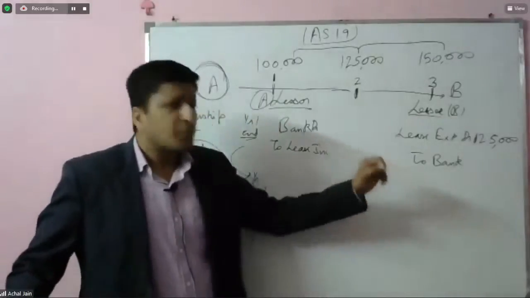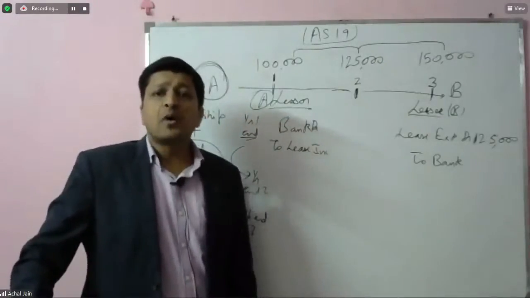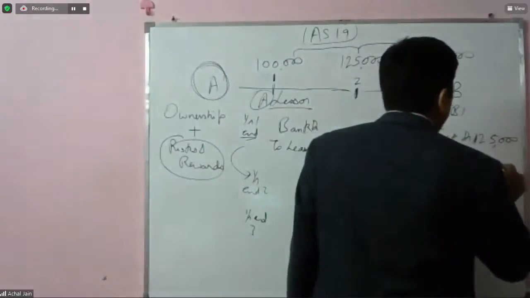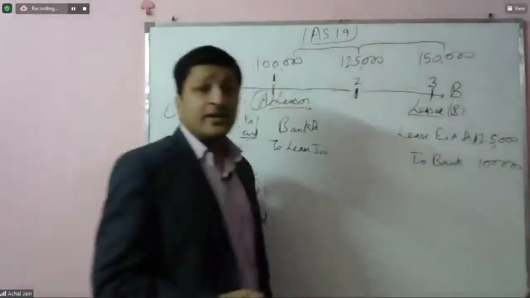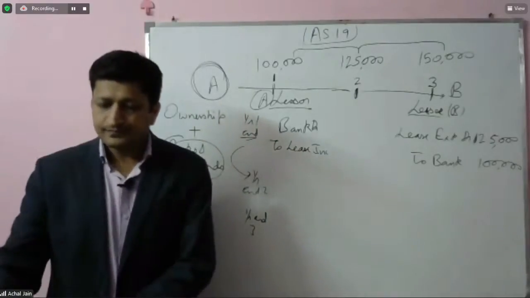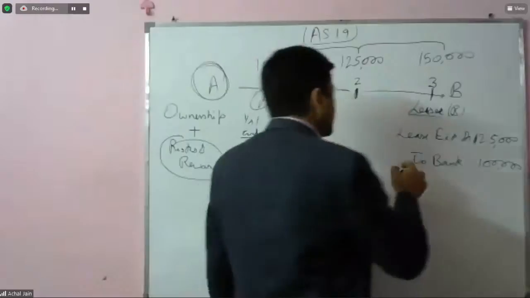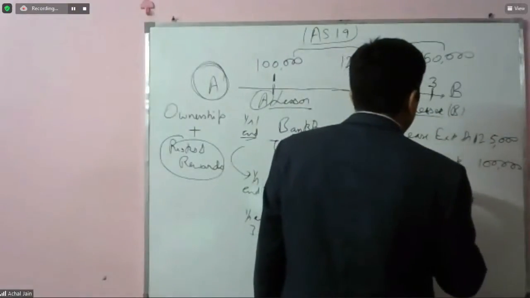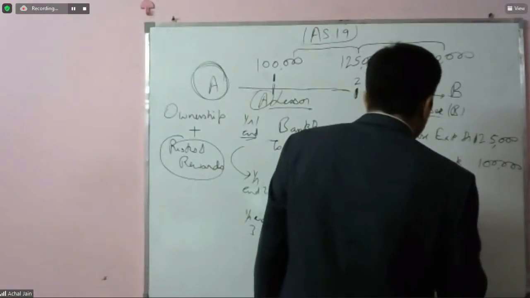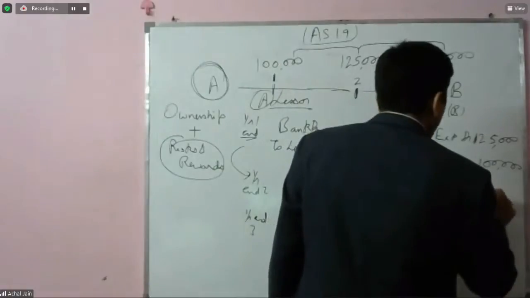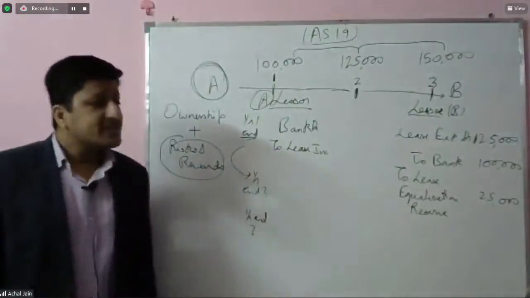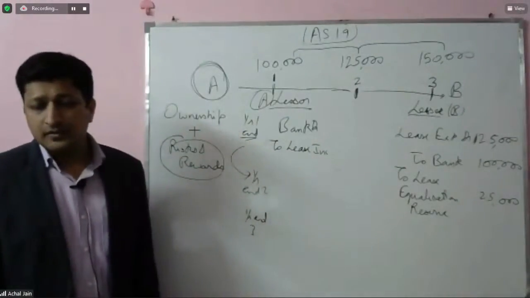But corresponding to this, what is the amount that the lessee will pay? 1 lakh. The actual payment is only 1 lakh. Now, where do we take this 25,000 which has been booked extra as an expense? That will be taken to lease equalization reserve, 25,000.